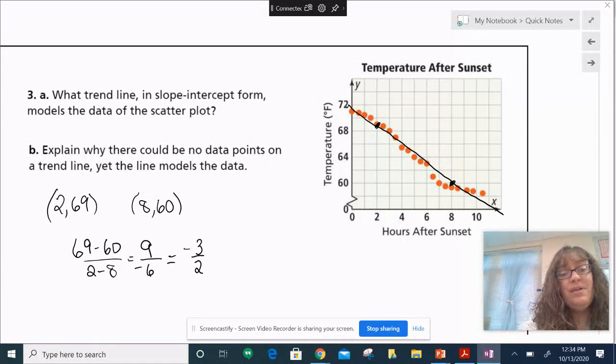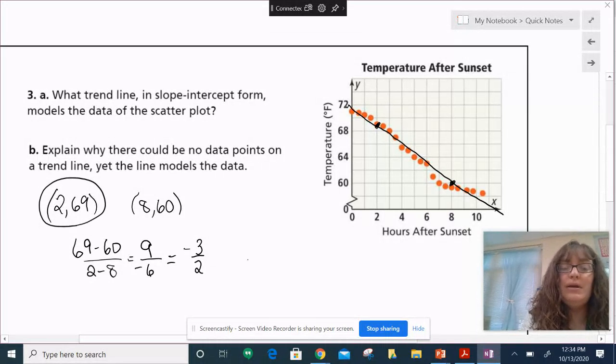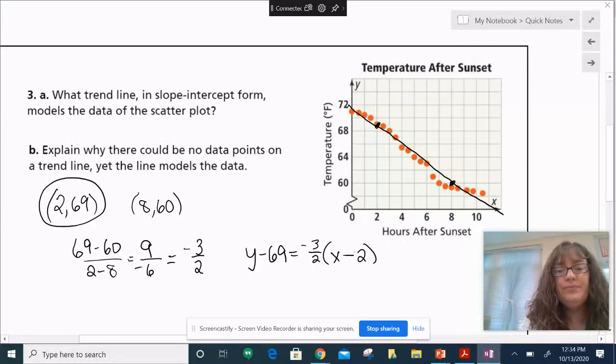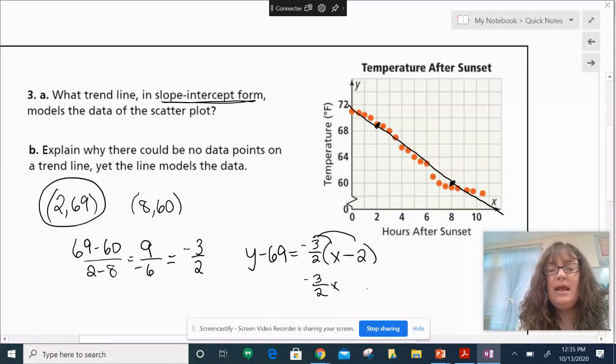All right, once I do that, I choose a point. I'm going to choose my 2, 69 here, and I'm going to write my equation. So y minus 69 is equal to negative 3 halves times x minus 2. It did ask for slope-intercept form this time, so this time I'm going to distribute and get negative 3 halves x, and then negative 3 halves times negative 2 is going to turn into a positive 3.